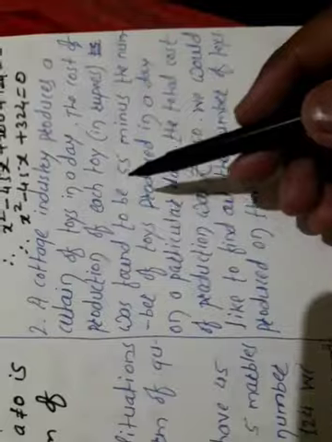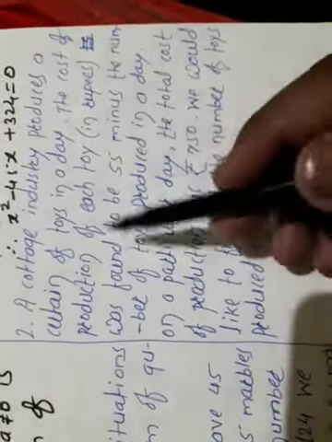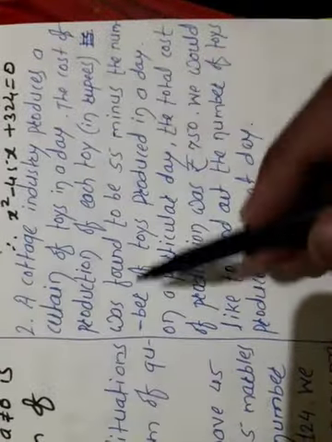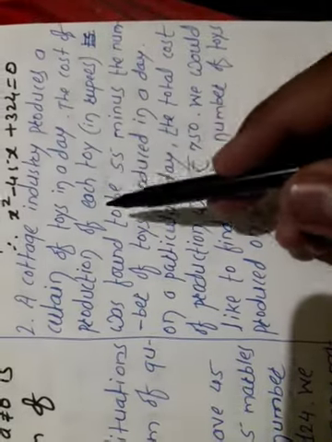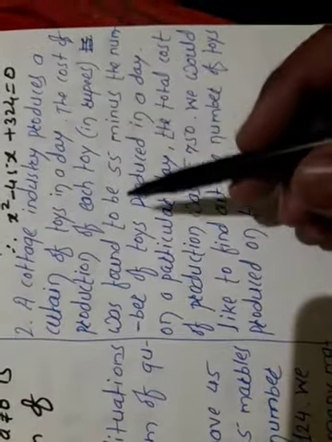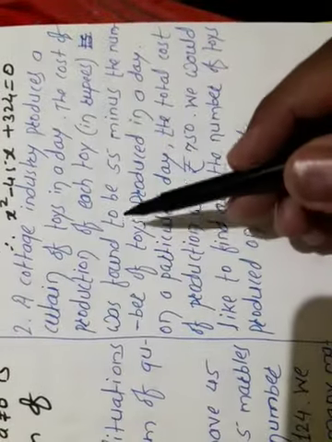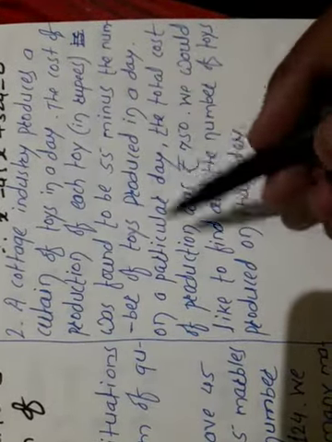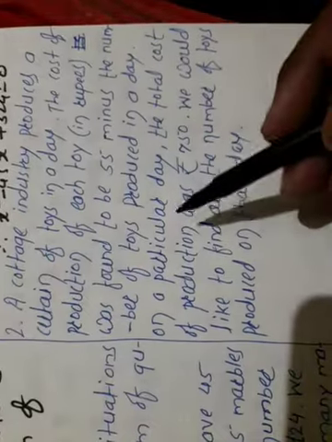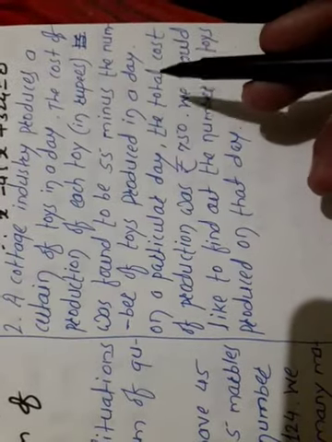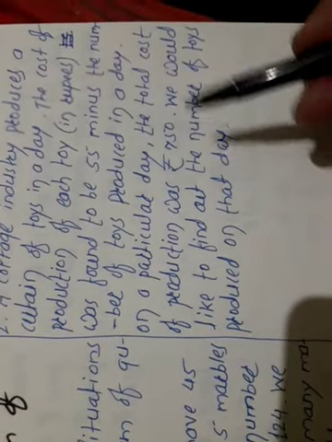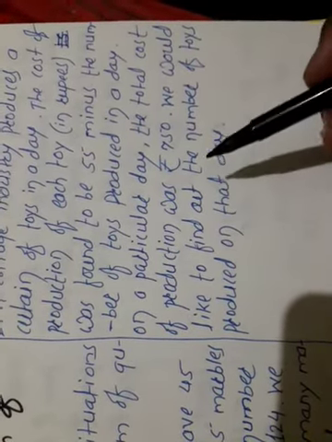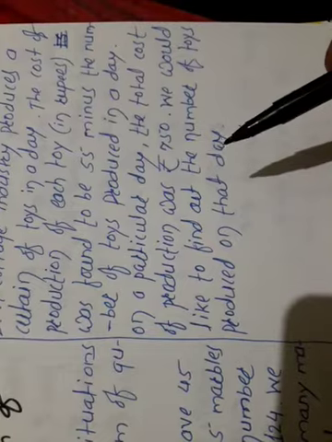The cost of production of each toy in rupees was found to be 55 minus the number of toys produced in a day. On a particular day, the total cost of production was rupees 750. We would like to find out the number of toys produced on that day.